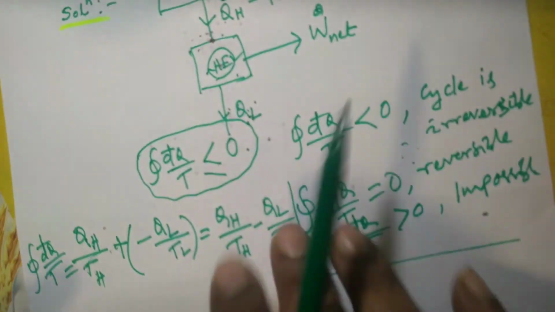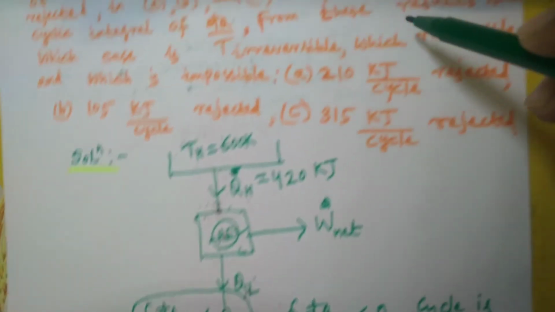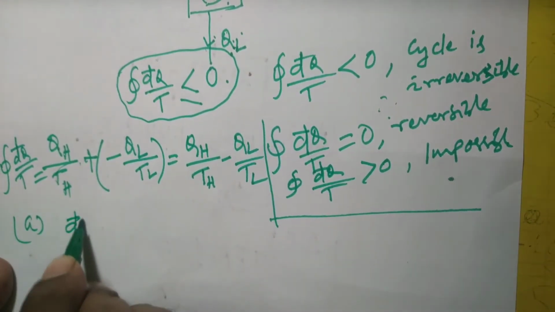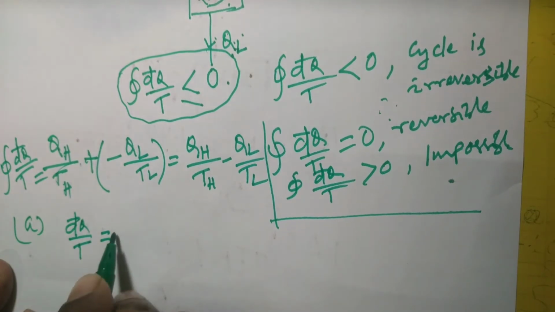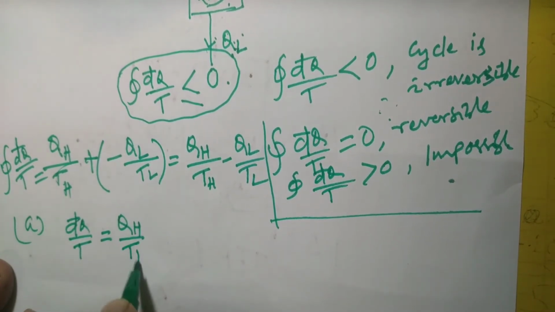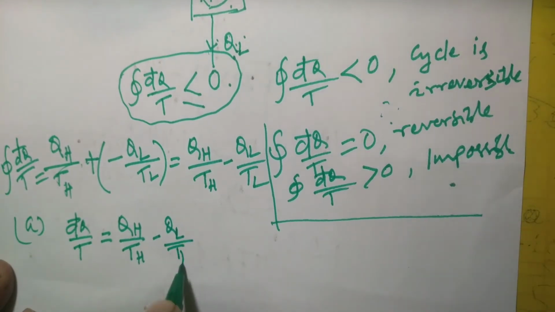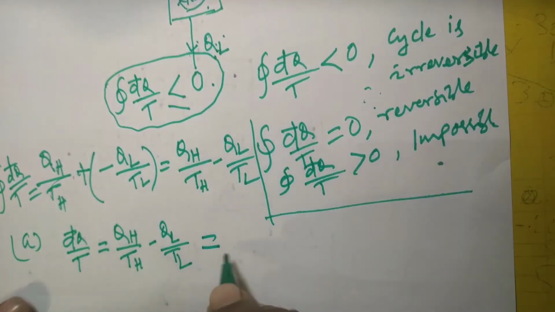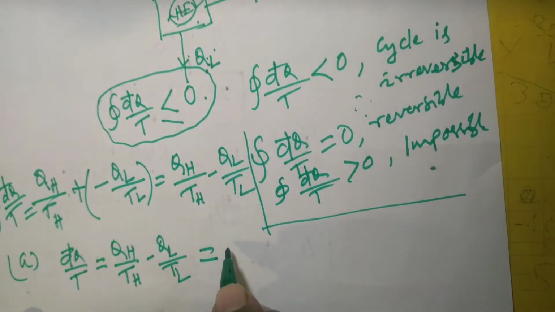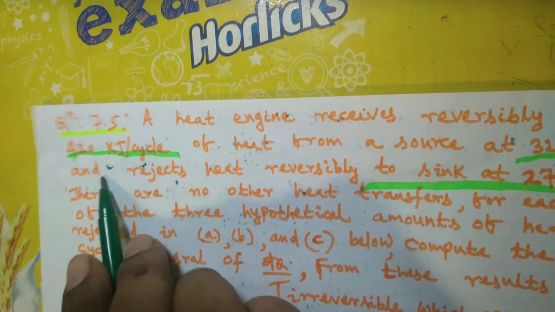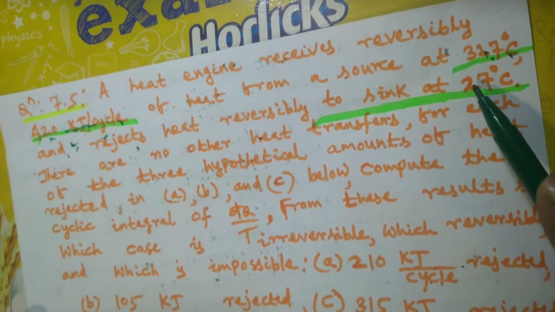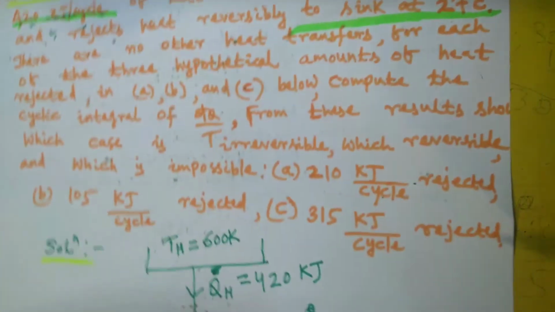So first, the heat rejected is given here as 210 kilojoule per cycle. So what will be the cyclic integral of d cut Q by T for case A? It is equal to Q_H upon T_H minus Q_L upon T_L. Q_H is constant for the 3 cases and is given as 420 kilojoule per cycle. T_H and T_L are also given, but Q_L will vary in the 3 cases.